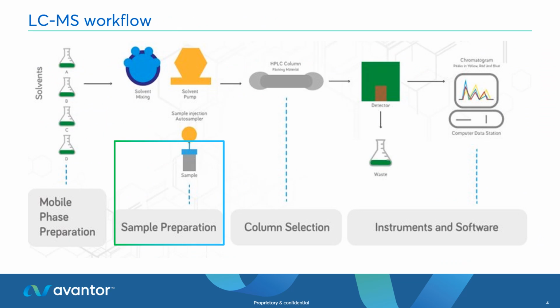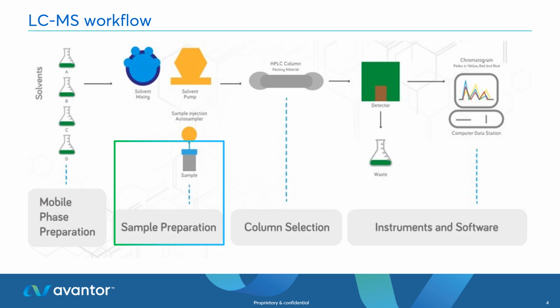When we look at the traditional workflow involved in LC mass spectrometry, we can see that we have solvents that move into some form of HPLC pump that then flow through a high performance liquid chromatographic column and then ultimately into the mass spectrometer or detector and then finally onto some type of data acquisition system.